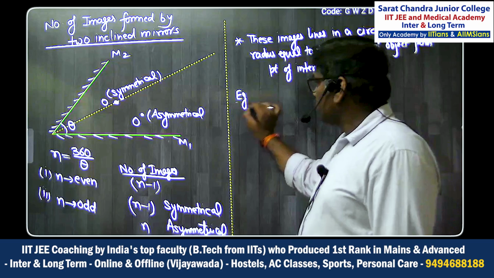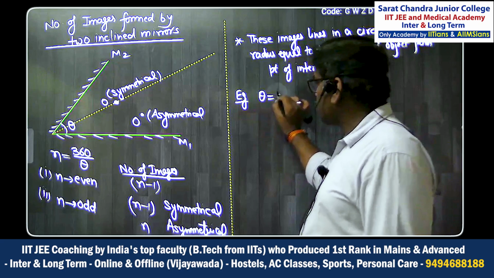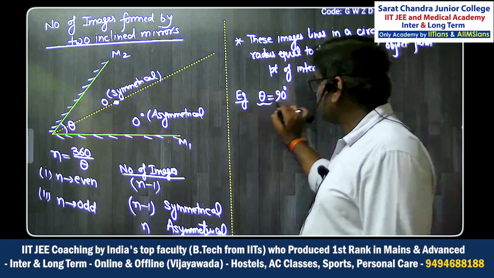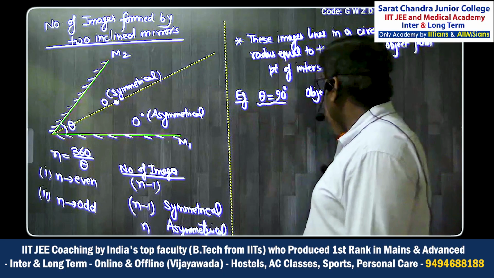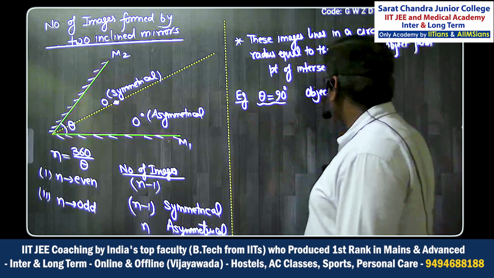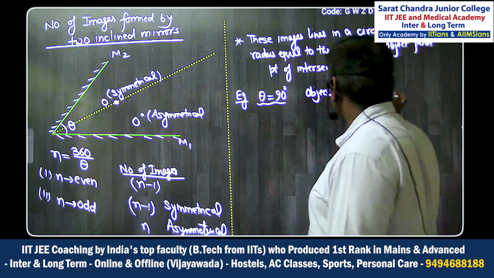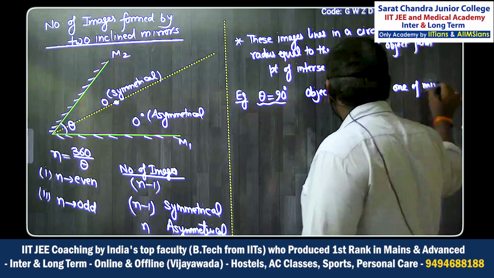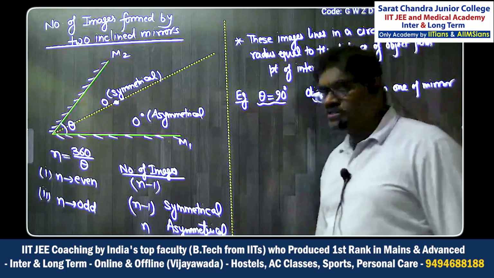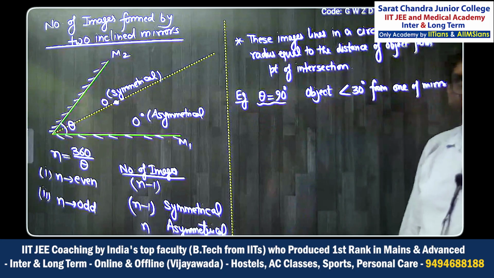So suppose two mirrors are there which are inclined at 90 degrees, and the object is placed asymmetrically. The object is making an angle of 30 degrees from one of the mirrors. So can you tell me how many images will form? 3.